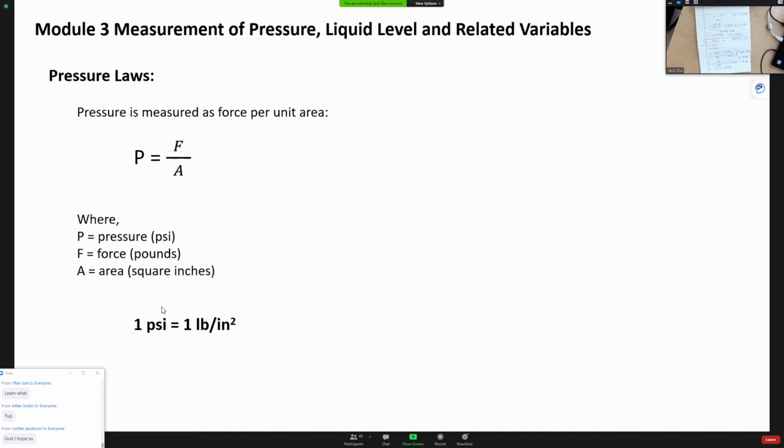So pressure is measured as a force per unit area. Here, they give you an example. They call that 1 psi. P means pounds per square inch. So 1 psi is equal to you put 1 pound of force on an area of 1 square inch.